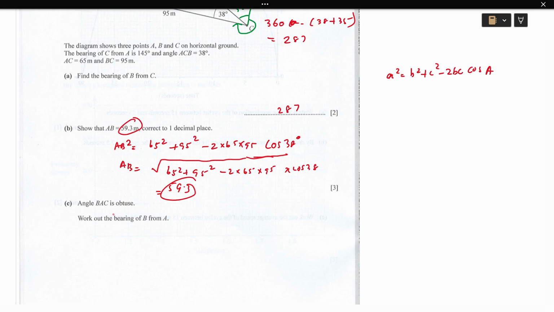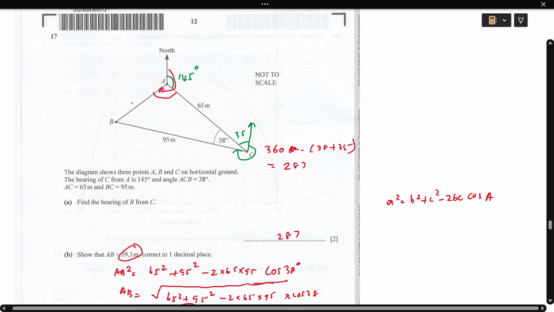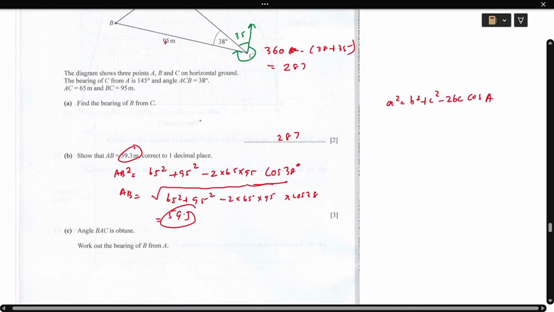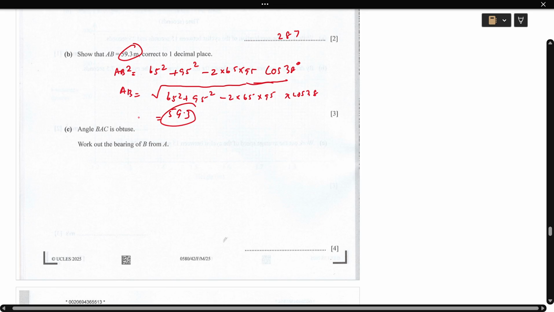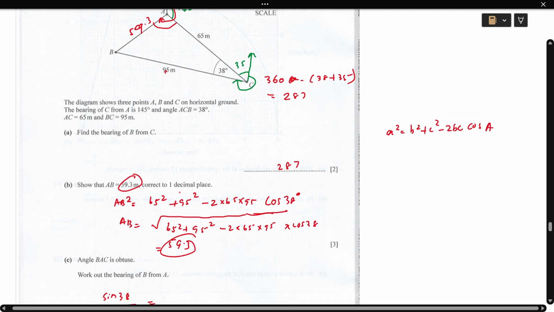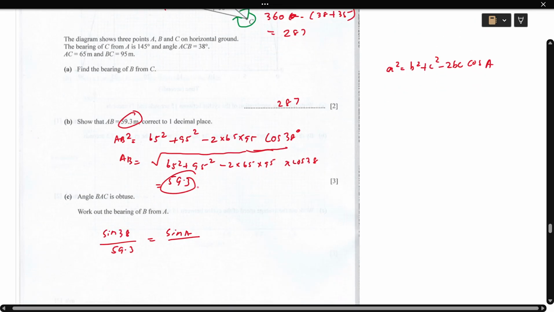Next, angle BAC is obtuse. Work out the bearing of B from A. So we need to calculate this angle. For this, we need to find out this angle. This one is 59.3. So I'm going to use the sine rule here. I write sine 38 over the opposite side, 59.3, equal to sine A over the opposite side, 95.